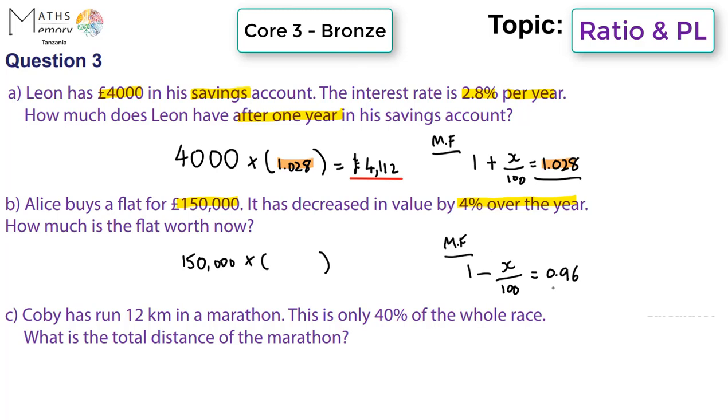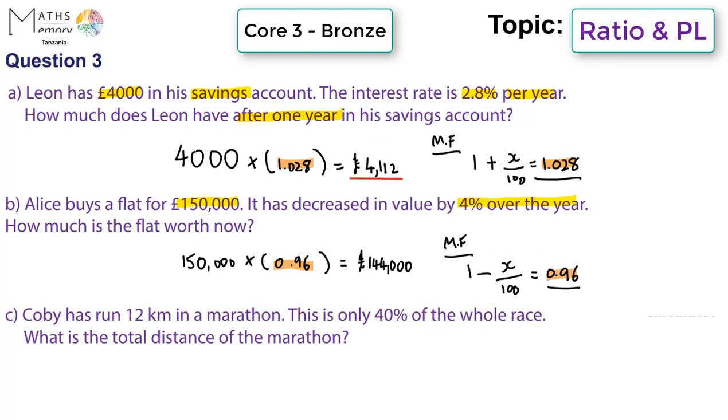And this is going to be our multiplying factor, 0.96. If you do 150,000 times 0.96 on the calculator, you'll get an answer of £144,000. So that's how much the flat is worth after 1 year. So again, it's very crucial you identify a multiplying factor for decreasing, 0.96.